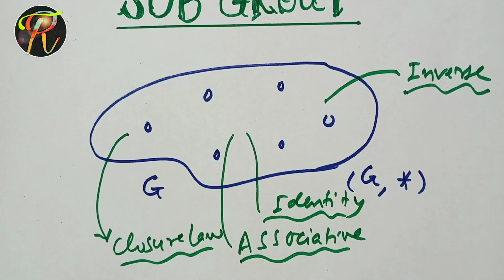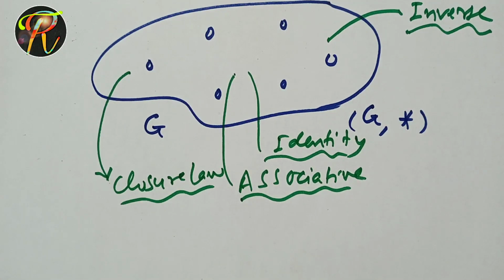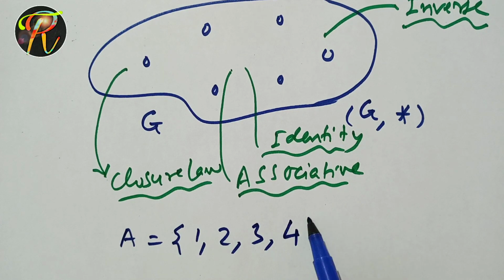As you know, the concept of set and subset. What is a set? A collection of well-defined things is called a set. Suppose A is equal to 1, 2, 3, 4. This is a non-empty set.